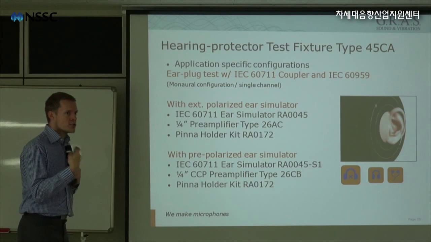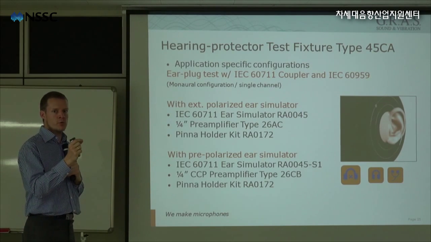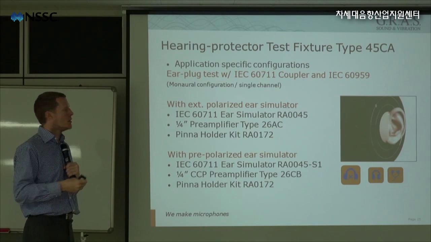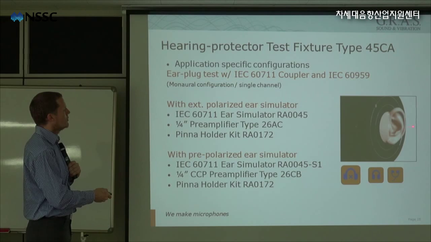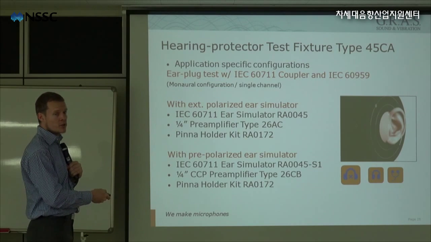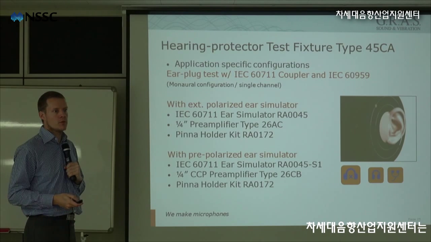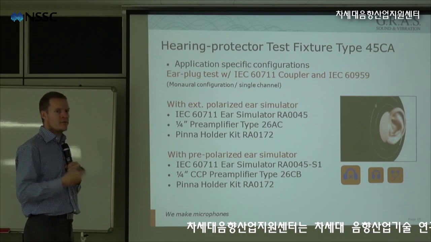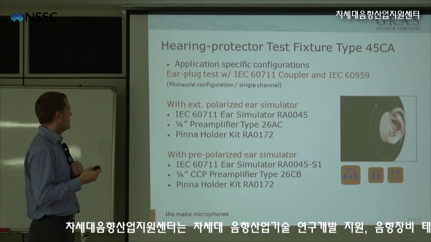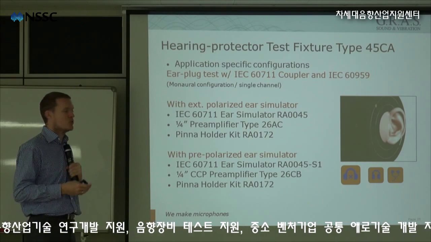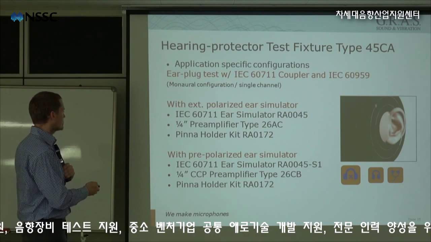So you can set it up to measure with 1-inch microphones like it's described in the standard. You can set it up to measure with 1/2-inch microphones, or you can set it up to measure with a 711 coupler with the ear pinna if necessary. So all these extra features are the results of the discussions we have had with customers over the years.